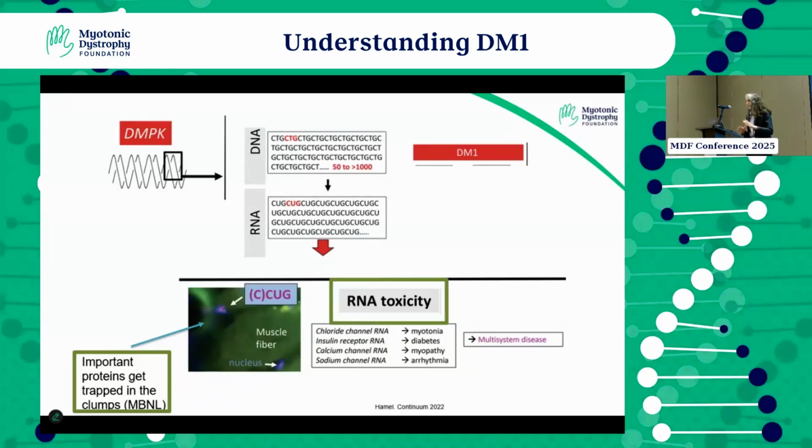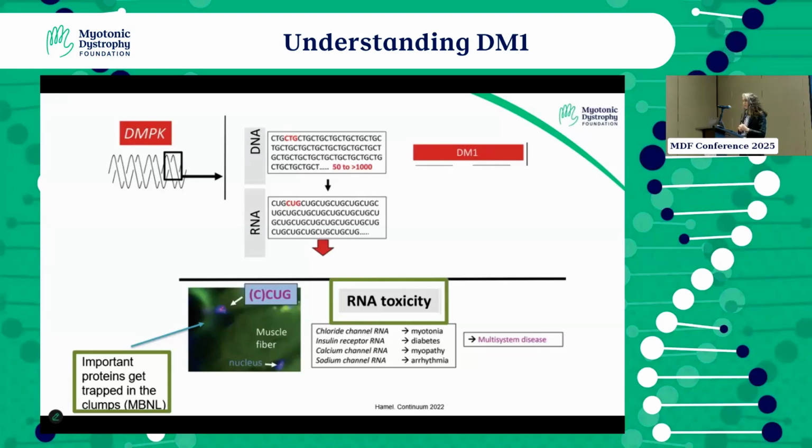So this RNA that's stuck in these cells is disrupting a lot of functions that the cell relies on to function properly. It's going to affect chloride channels, which causes the myotonia, affecting the insulin receptor, which can lead to diabetes, affecting the calcium channel, which can lead to a myopathy, which is muscle weakness.